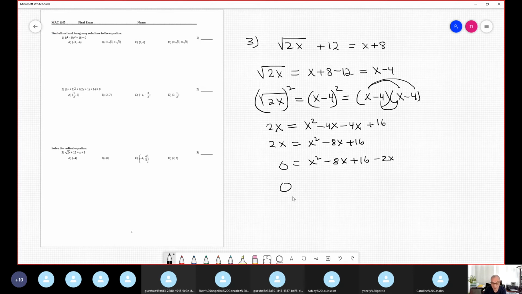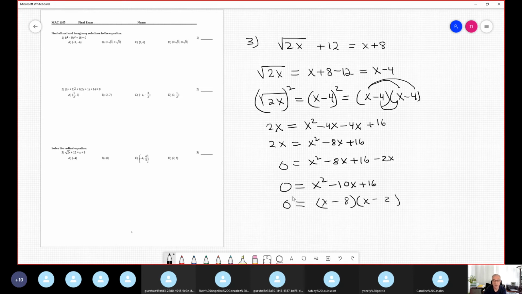Okay, so we have 0 equals x squared minus 10x plus 16. Look, again, it's possible to do by factorization because the combination is x and x, 8 and 2. 8 times 2 is 16, and 8 plus 2 is 10, both negative.